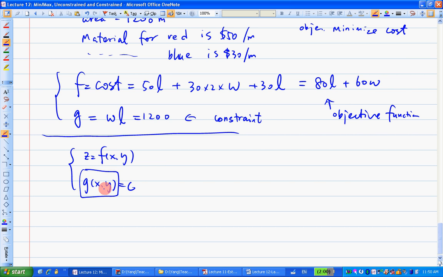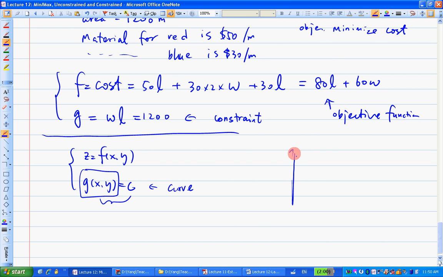Now, when I let the surface equal a constant, remember what that gives us physically? It's called a level curve. So this is basically a curve. And where's the curve from? The curve is from g(x,y) equal to c.